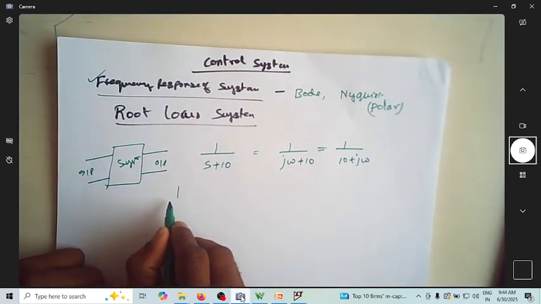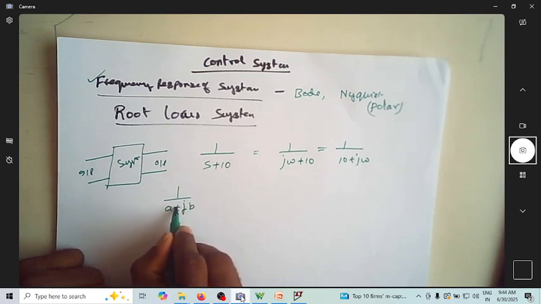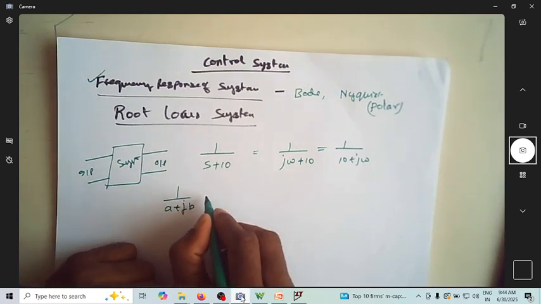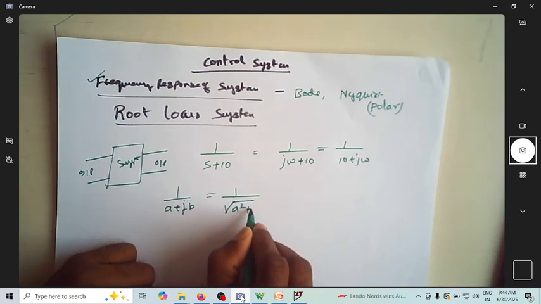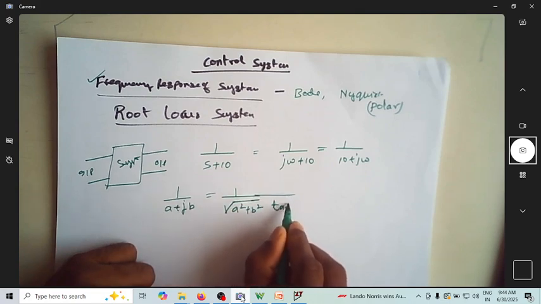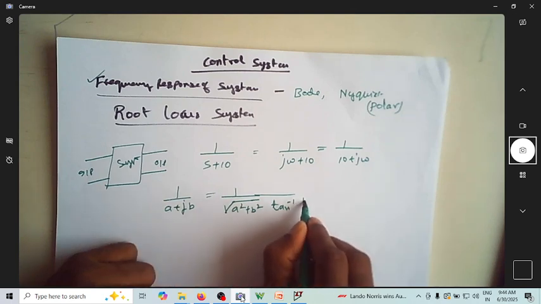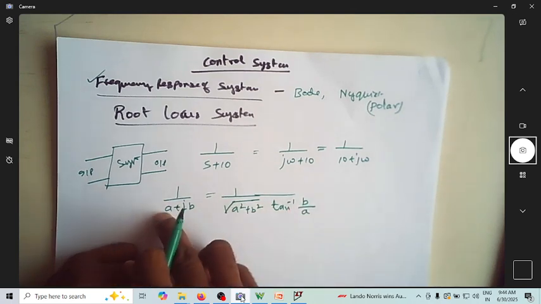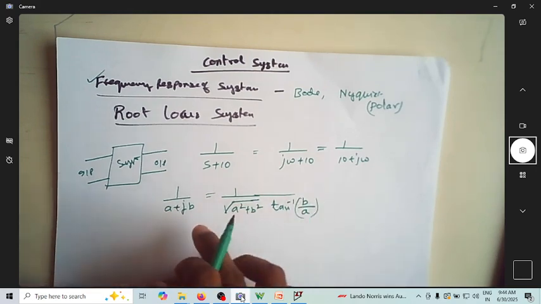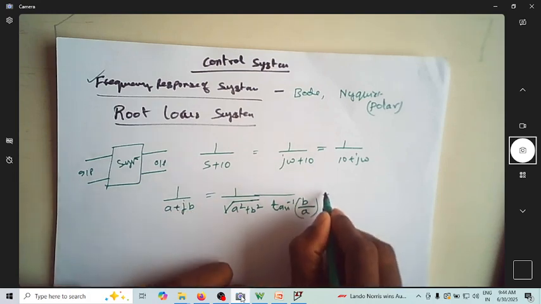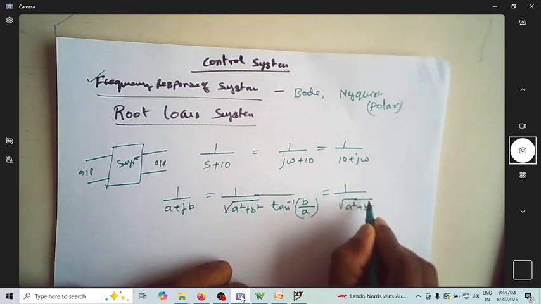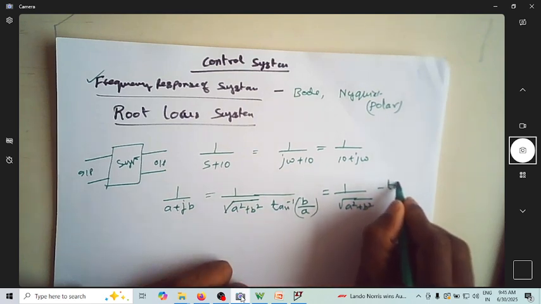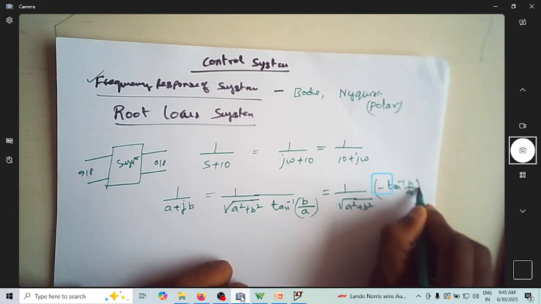Of course, we know the general form 1 over a plus jb, which has a magnitude as well as a phase. The magnitude is the square root of a square plus b square. The phase, again in the denominator, is given by tan inverse of the quotient of the imaginary part by the real part, which is b by a, so the phase is minus tan inverse of b by a.